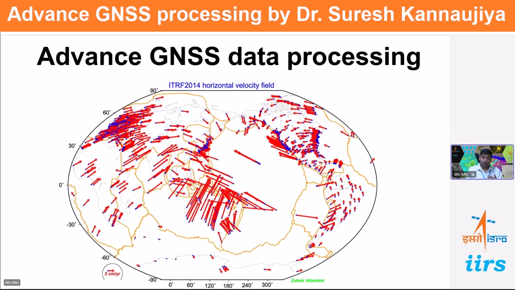Then there are many error budgets, like orbit error, clock error, multipath error, satellite drag, radiation pressure, and many more associated with the data. So when this signal comes to the receiver, one-to-one correlation does not happen between the main signal transmitted by the satellite and the replica signal created at the receiver.